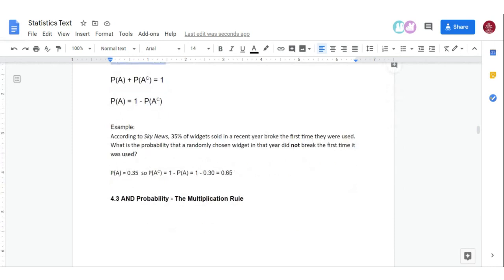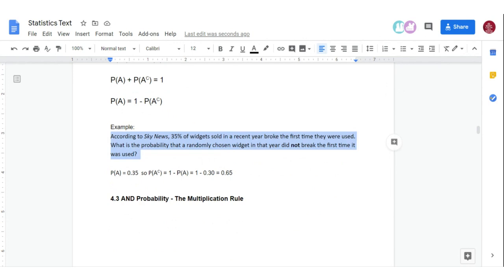And then when we get to 5.1 a little bit, we'll see more about how this works. It's a lot easier to see it when you're talking about discrete probabilities. But anyway, according to Sky News, 35% of widgets sold in a recent year broke the first time they were used. What is the probability that a randomly chosen widget in that year did not break the first time it was used?